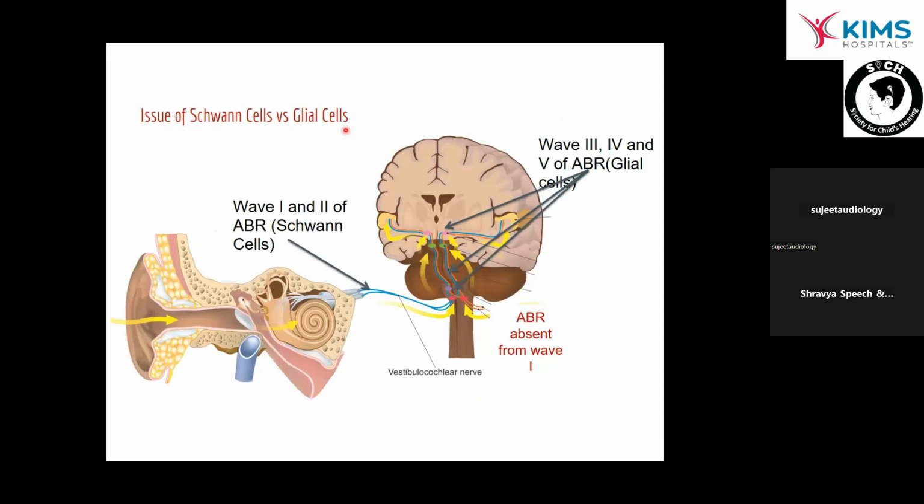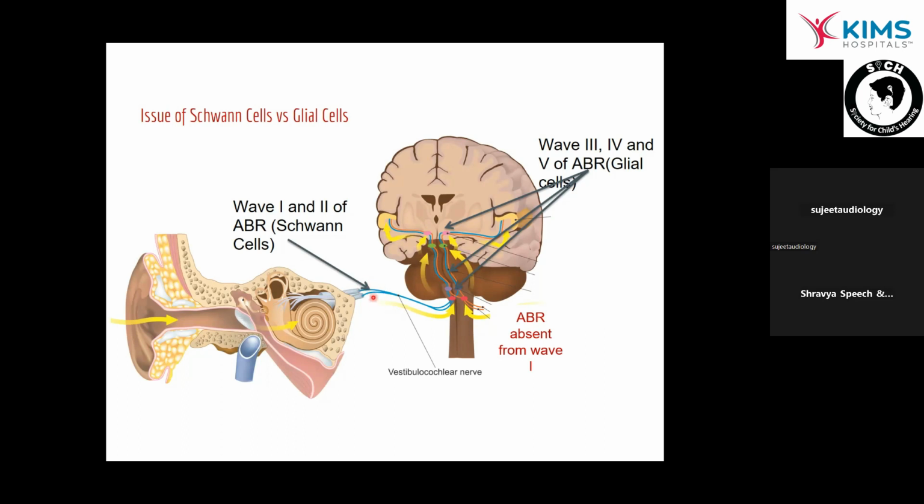Again, the issue of Schwann cells versus glial cells: already I have discussed that waves 1 and 2 are coming from your Schwann cells, and waves 3, 4 and 5 are coming from your glial cells. But what is important with respect to the demyelinating pathology is that most of the time it starts from the Schwann cells. Is it clear? Whereas in the tumor, I have told you that the tumor starts at the junction of the Schwann cells and the oligodendroglial cells.